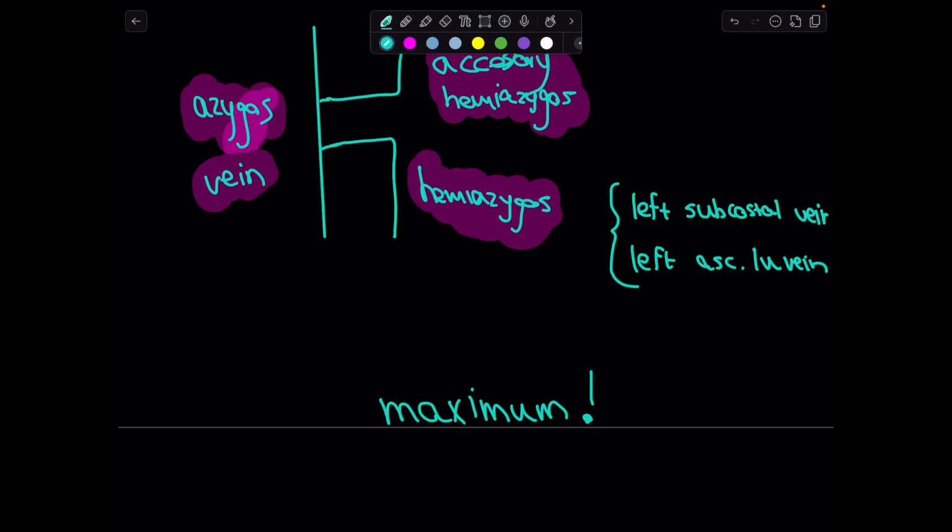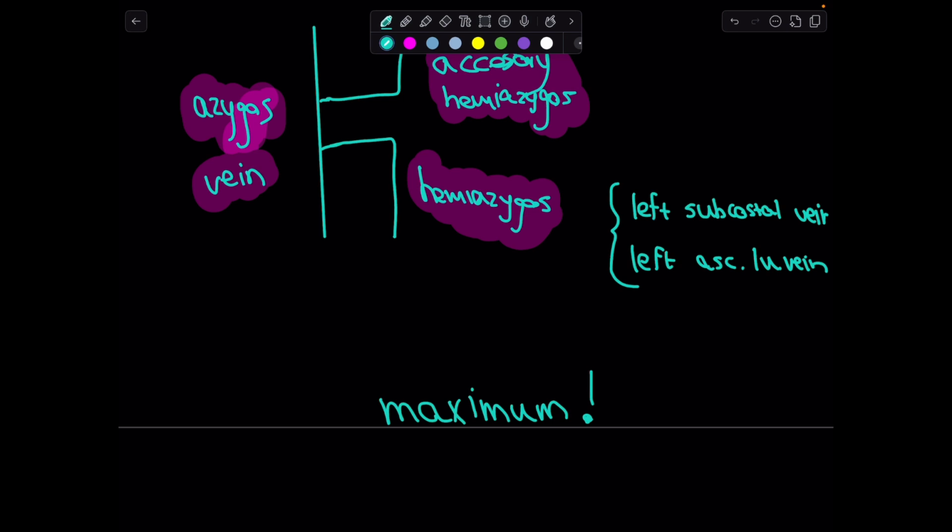The hemiazygos vein forms from the left subcostal vein, under the 12th rib, and left ascending lumbar vein, from lower back, because these veins are strategically placed to collect blood from the lower left thoracic and lumbar regions, ensuring efficient venous return where major vessels like the aorta dominate on the left. The hemiazygos drains lower left posterior intercostal veins, T9, T11, since these veins need a direct path to return blood from the intercostal muscles and ribs to the azygos system, which ultimately feeds the superior vena cava.